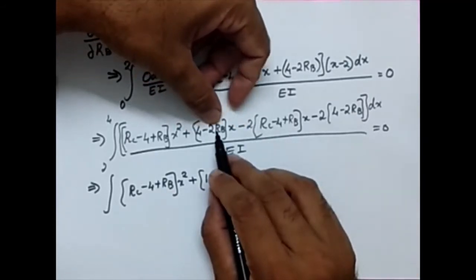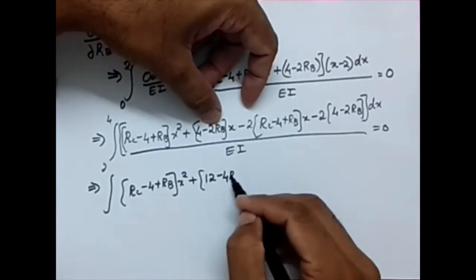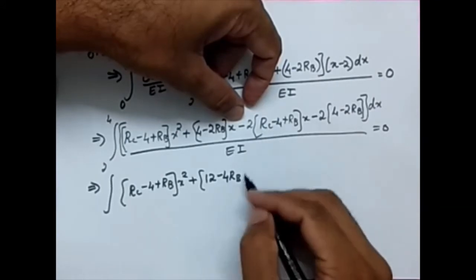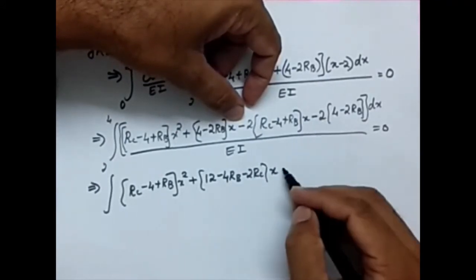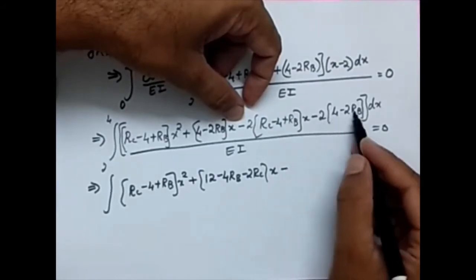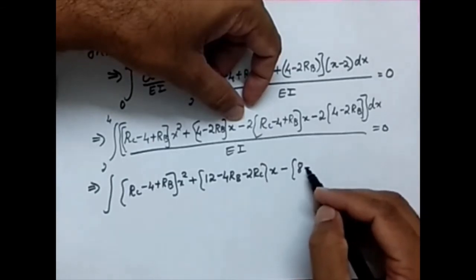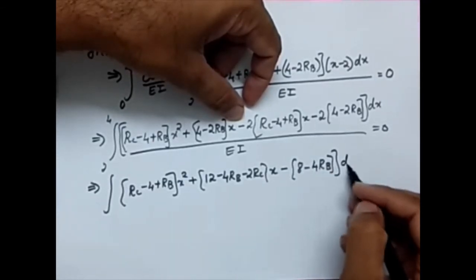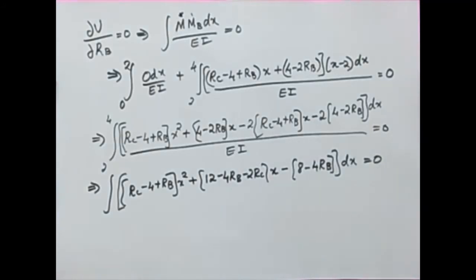Now minus 2rb, minus 2rb, so it becomes minus 4rb. Then what I am left with is minus 2rc. Minus 2rc of x minus, so I'm just taking this 4 inside. So what I'm going to get is 8 minus 4rb dx equal to 0. This ei I took to the right hand side, so it becomes 0.